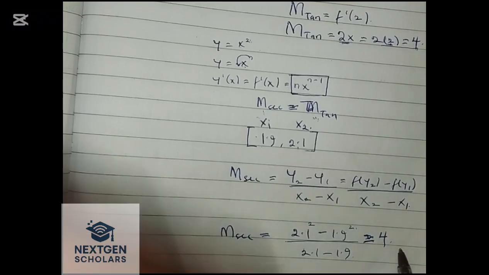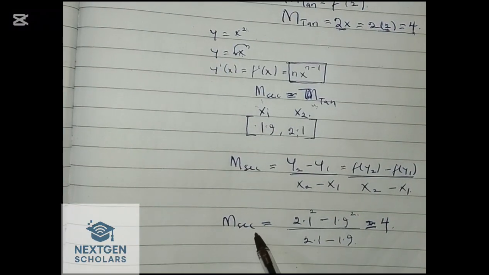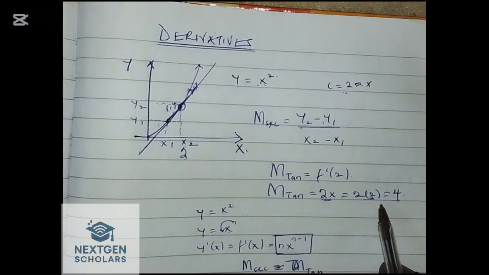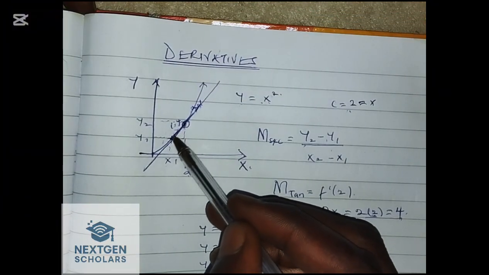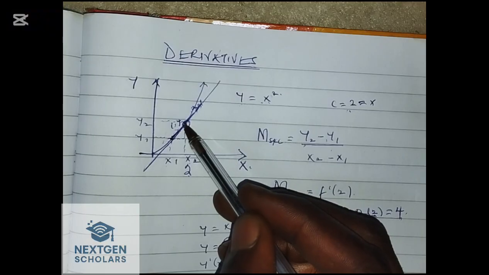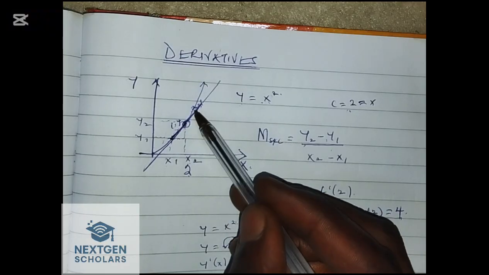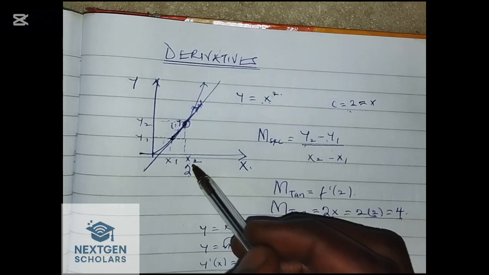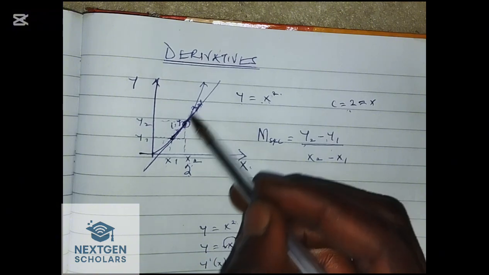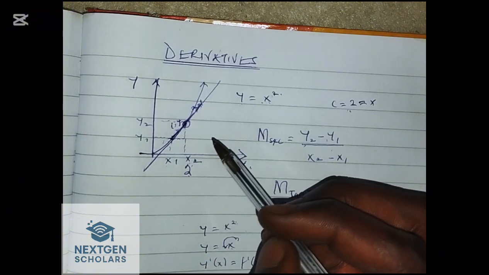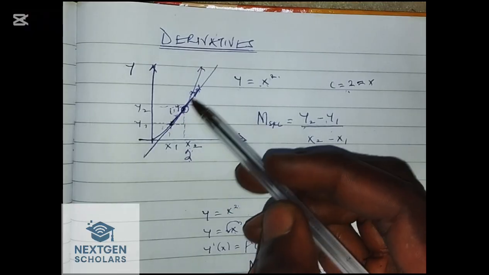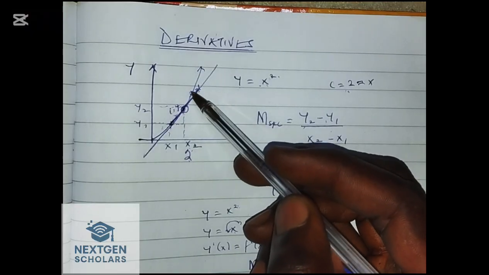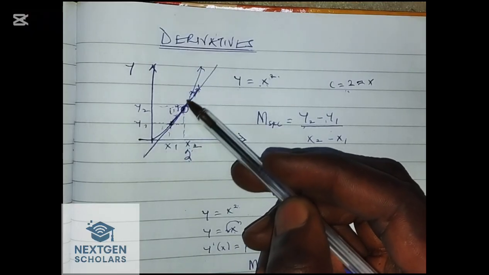You see how we have been able to use our secant line to approximate our tangent line by picking values closer and closer to 2. Now 1.9 and 2.1 gave us the average of 2. 1 and 3 will also give us the same average, but if you observe, 1 is far from 2, and 3 is also far from 2.